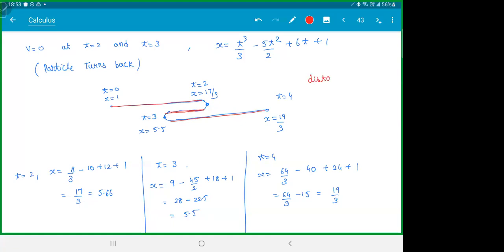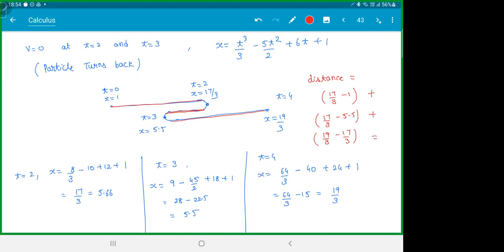So distance will be 17 by 3 minus 1, plus 17 by 3 minus 5.5, plus 19 by 3 minus 17 by 3. How much is that? 20 by 3, yeah?